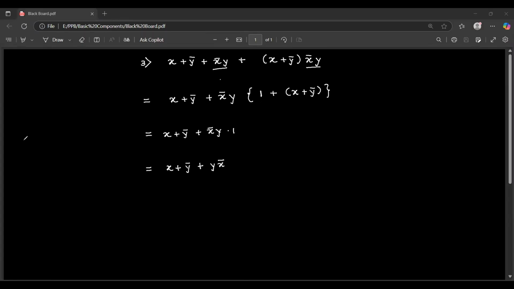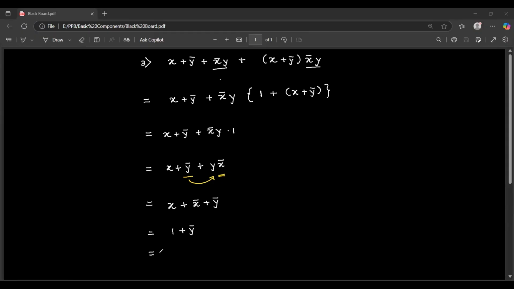Can you see the redundancy law here? The pattern for redundancy law: there is the inverse of the signal and there is another signal. So I'm going to apply the redundancy law here, and I will get x plus x bar plus y bar. The beautiful thing here is that x plus x bar is equal to 1, so 1 plus y bar will also be equal to 1 according to the identity law. x plus x bar equals 1 is the inverse law.